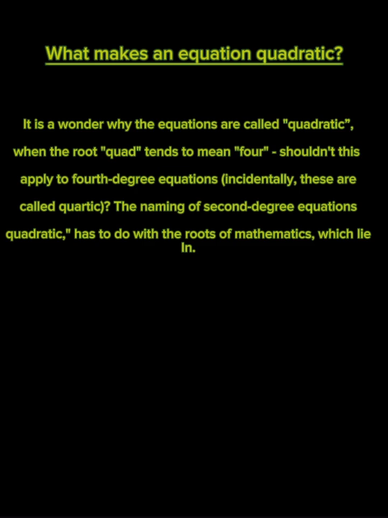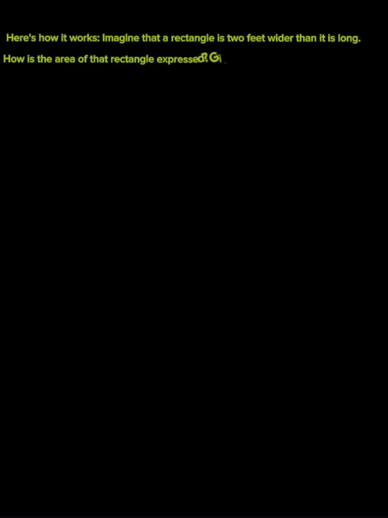Here's how it works. Imagine that a rectangle is 2 feet wider than it is long. How is the area of that rectangle expressed, letting the length of the rectangle be x? Now the width must be x plus 2.